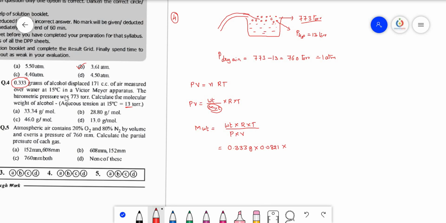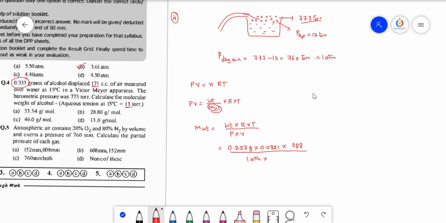atmospheres, into temperature. It is at 15 degrees centigrade. So 15 degrees centigrade means 15 plus 273, that is equal to 288 kelvins of the temperature, and pressure is equal to 1 atmosphere. Since we are taking the pressure in atmosphere, we consider the R value in 0.0821 liter atmospheres, and the volume they had given in milliliters, that means cubic centimeters.